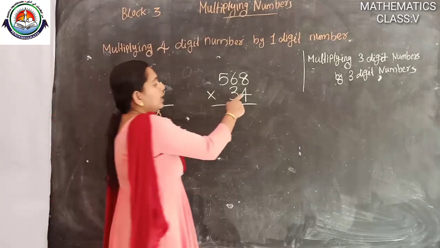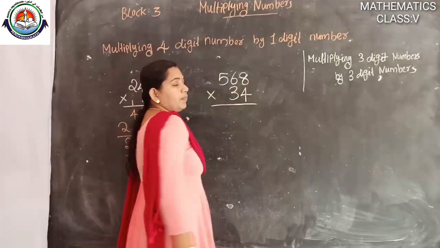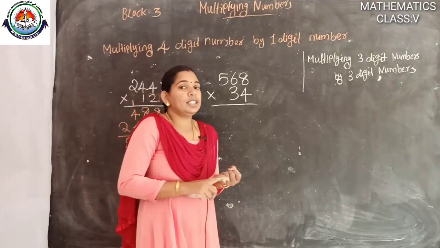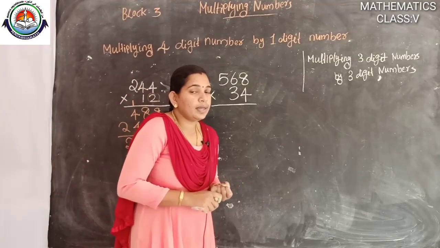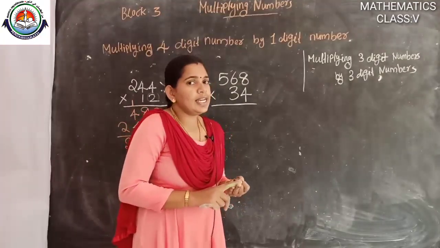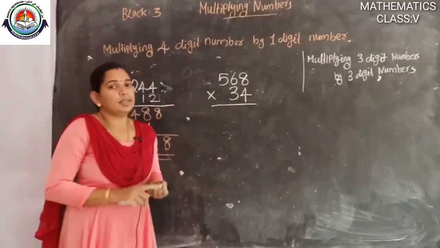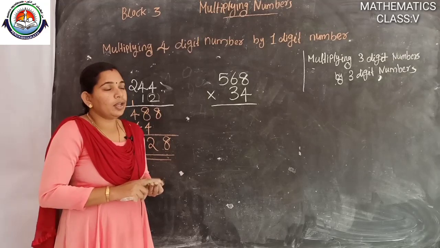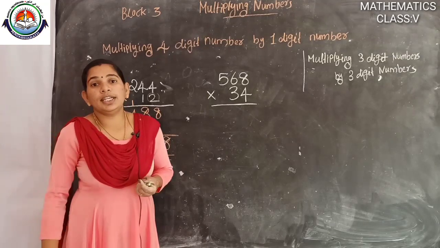Okay, then here 8 into 4. 2 8s are 16. 3 8s are 24, 4 8s are 32.